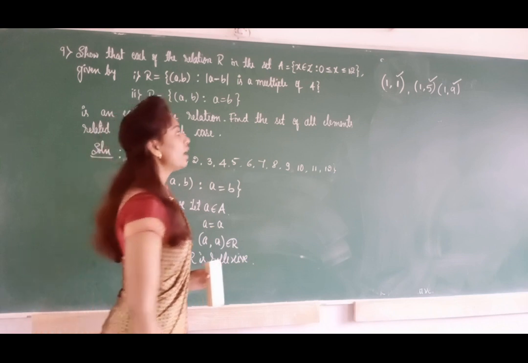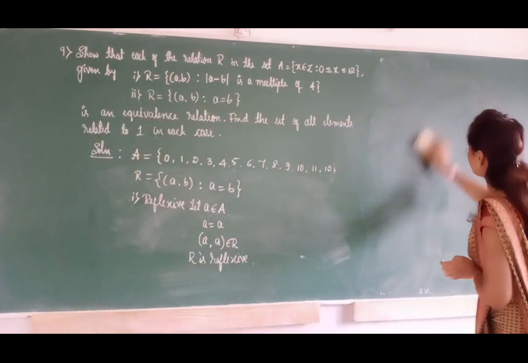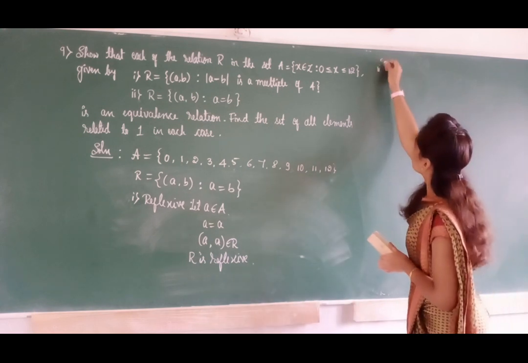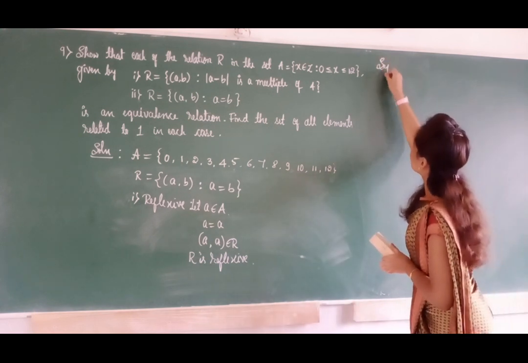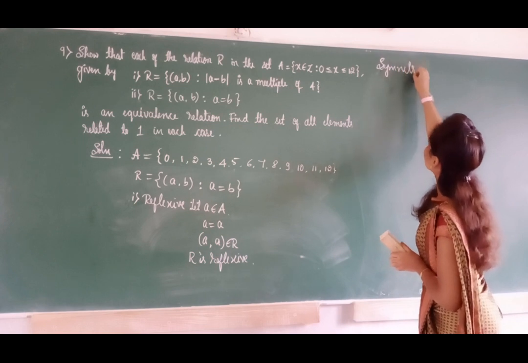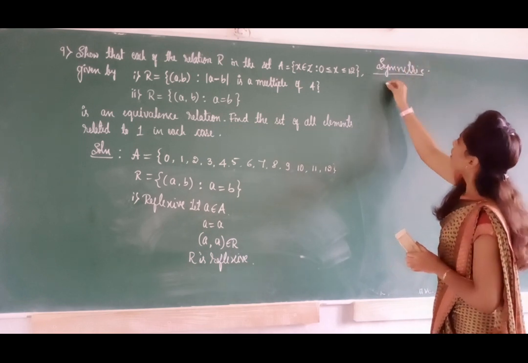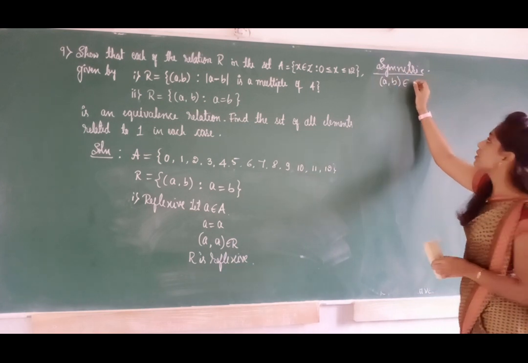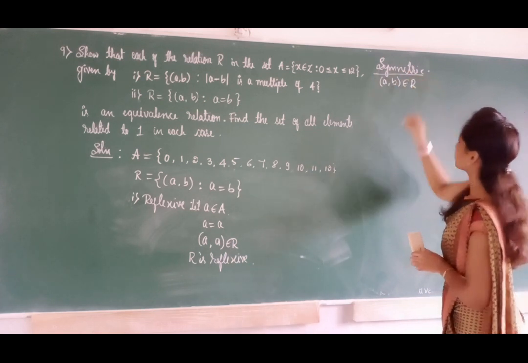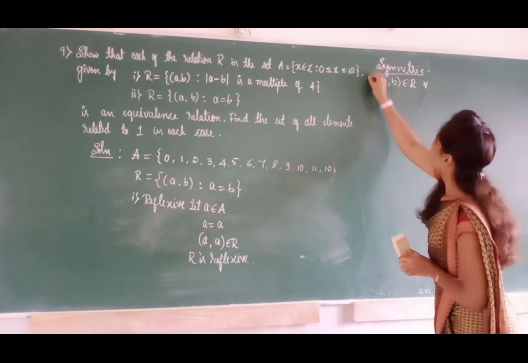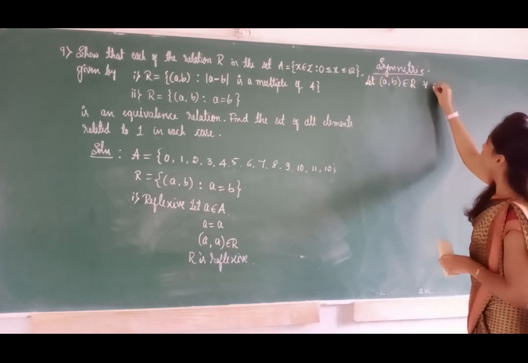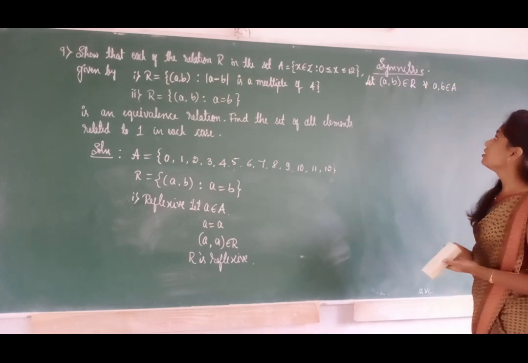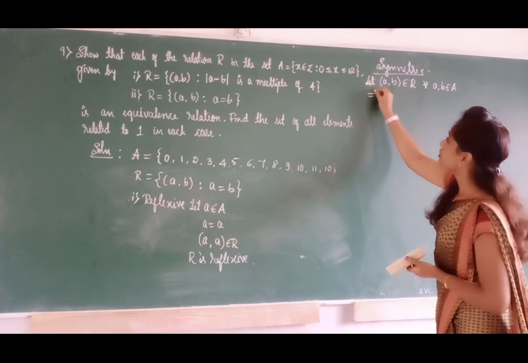And the second one is symmetric. First we have to take ordered pair AB belonging to the relation R, for all elements A, B belonging to the set A. What is the condition here?